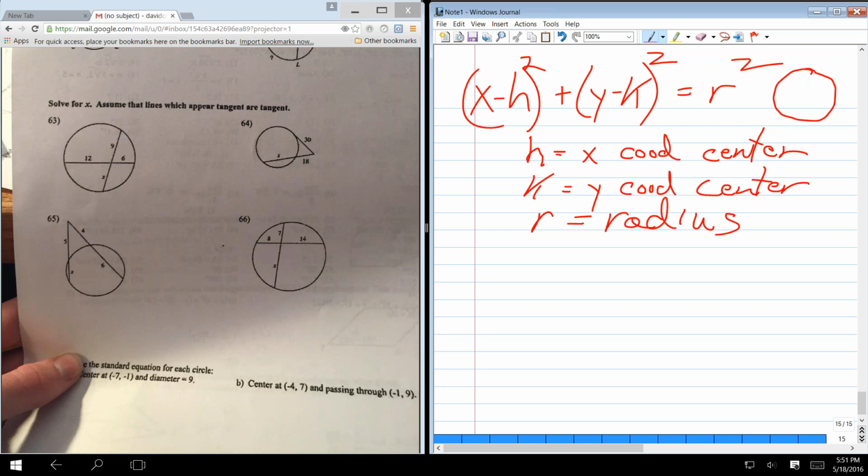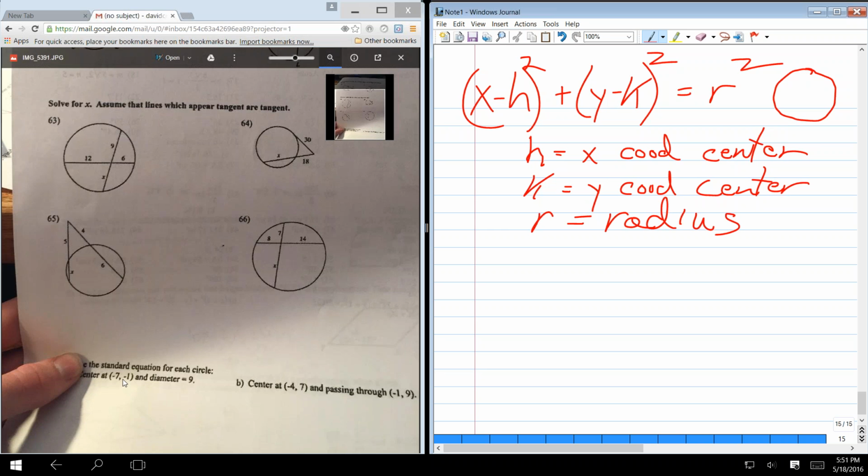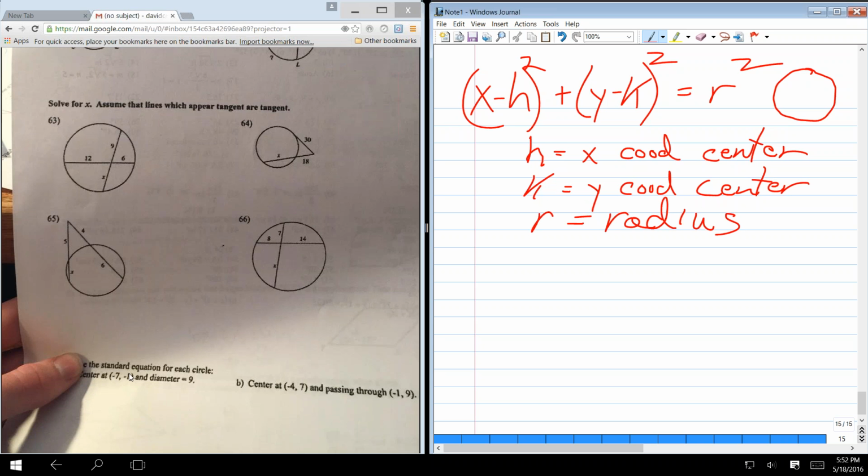Okay? So what would the equation of that problem you got your thumb over in the picture be? No, the x, you don't fill in anything for x. What you need to figure out is what is h, what is k, and what is r. And then we'll fill in those. So what's h?